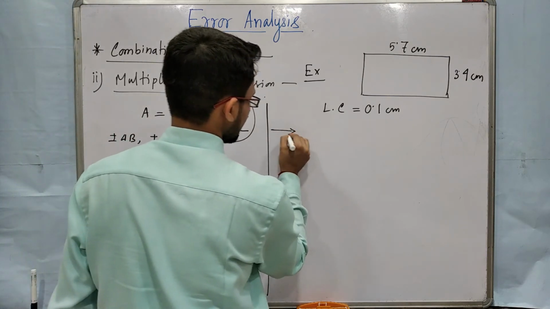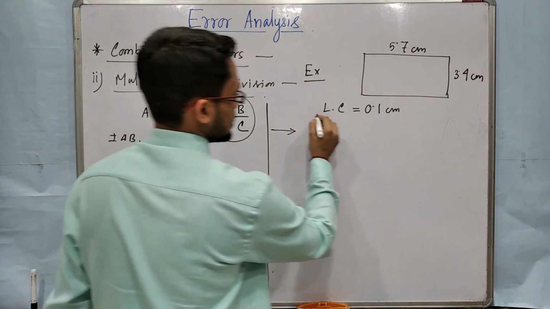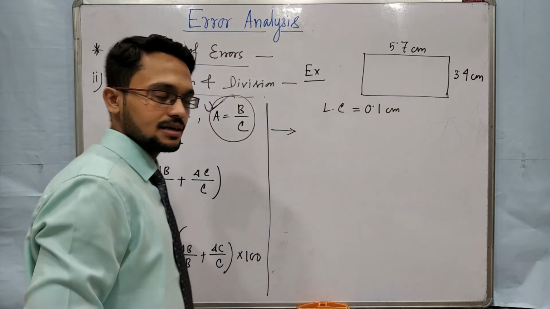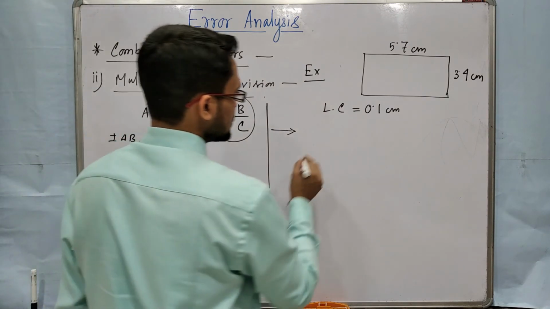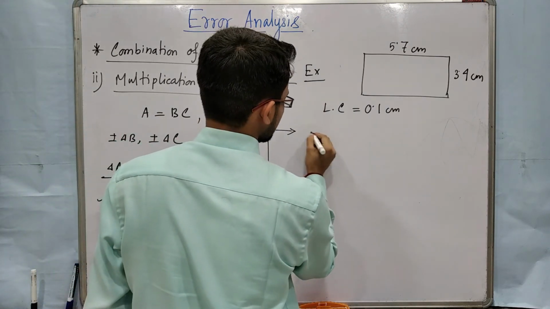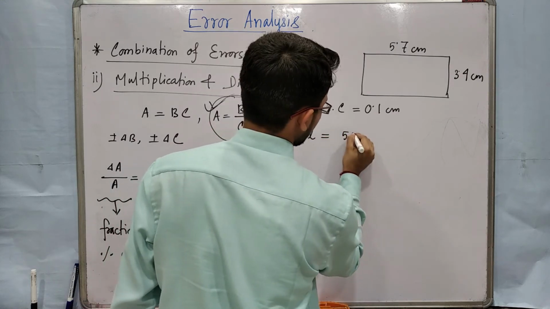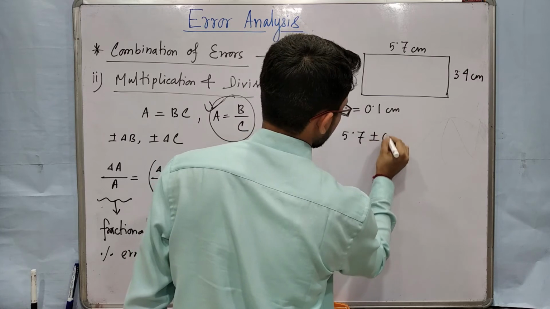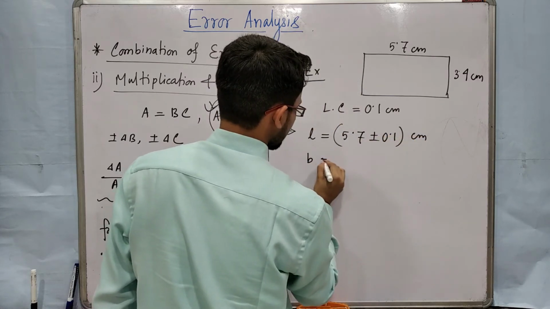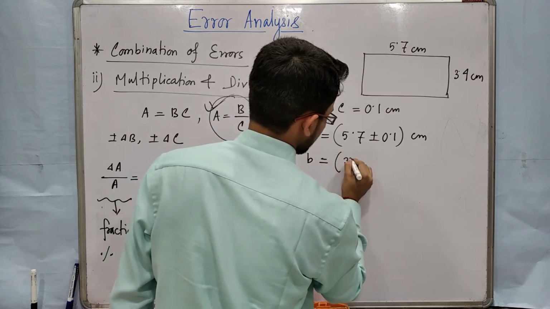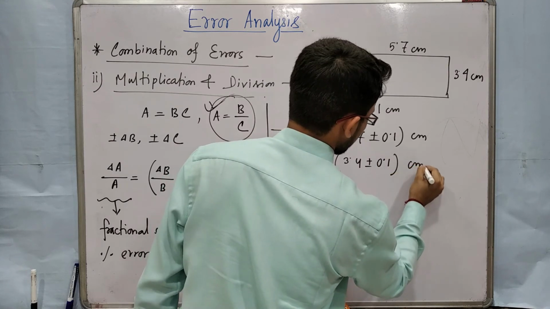I have told that the least count will be the absolute error. So we can write length as 5.7 plus minus 0.1 centimeter, and breadth as 3.4 plus minus 0.1 centimeter.